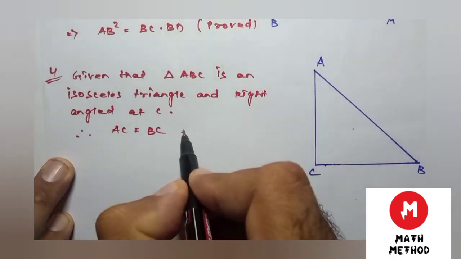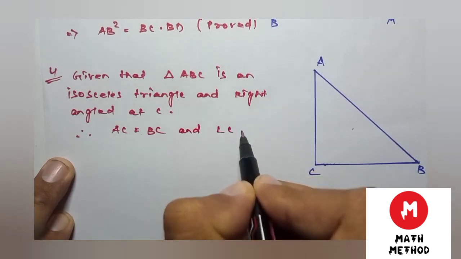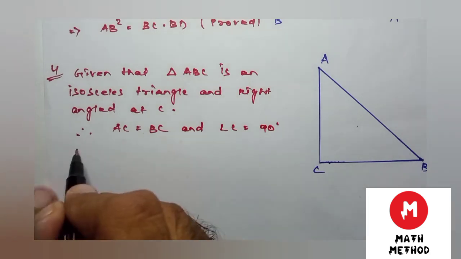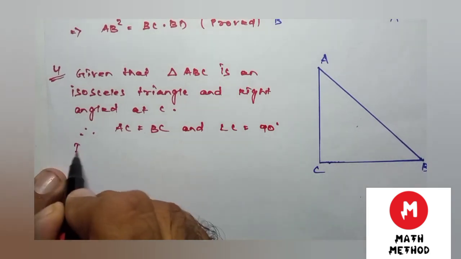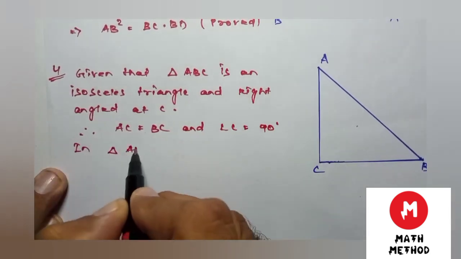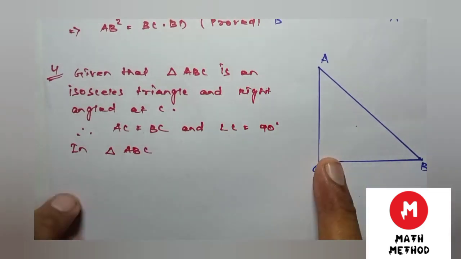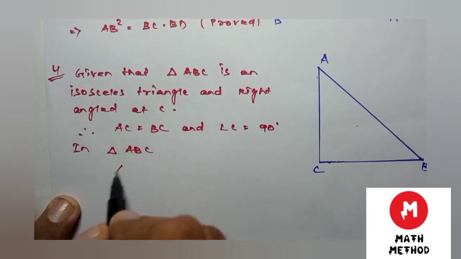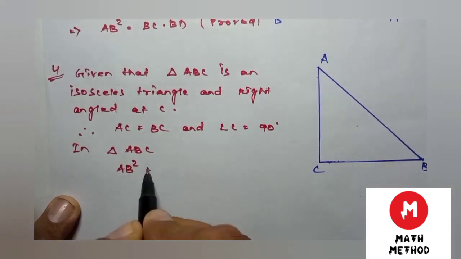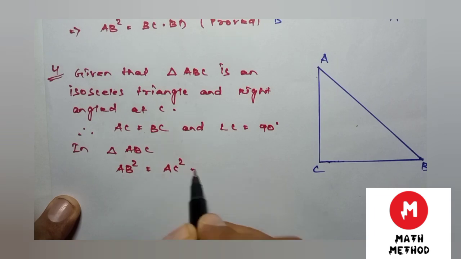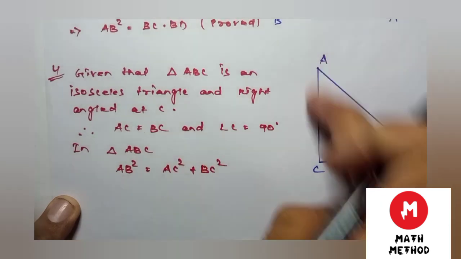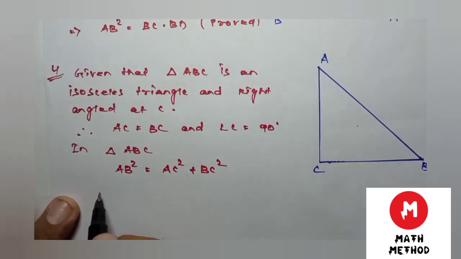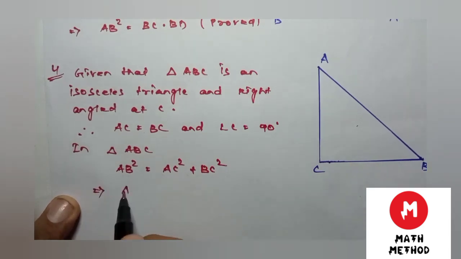So angle C is equal to 90 degrees. Clear? Now in triangle ABC, as C is 90 degrees, AB is the longest side, so AB square is equal to AC square plus BC square. Clear? Perpendicular square plus base square.